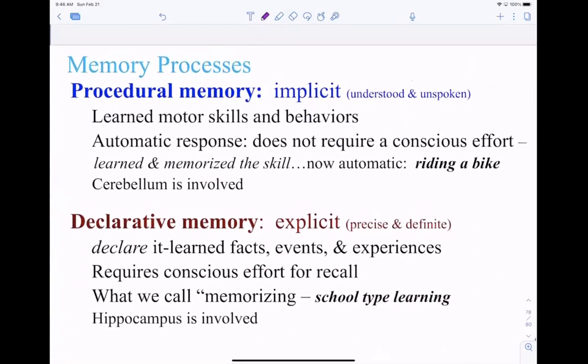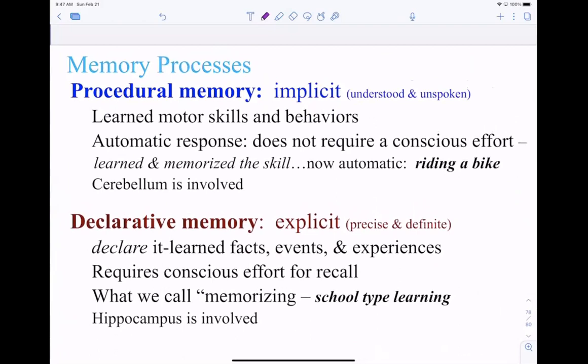Memory, right? So recalling it is different. You have procedural memory and declarative memory. So procedural memory is implicit, right? It's understood or unspoken. So motor skills and behaviors, automatic responses, these are procedural. Driving a car, this is procedural. Your response to very specific everyday things, procedural.